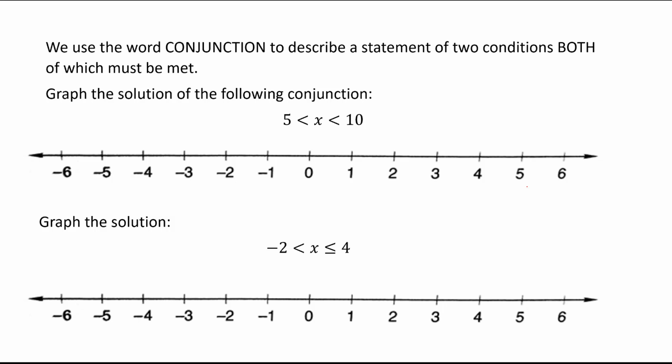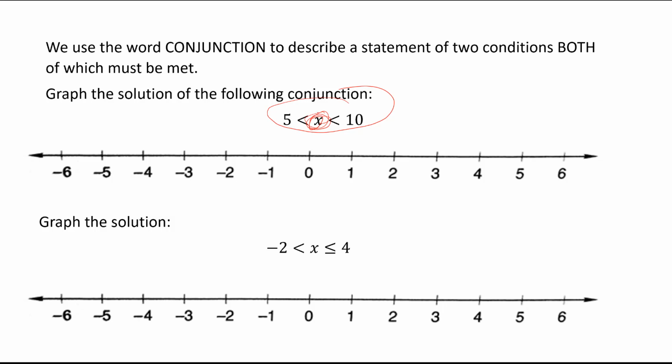We can put the x in the middle and arrange the less than signs so that we have 5 is less than x, which is less than 10. So this conjunction right here shows us all the numbers that are between 5 and 10. X is greater than 5 and less than 10, because you can see that the x is by the open mouth on the less than sign to the left of it.